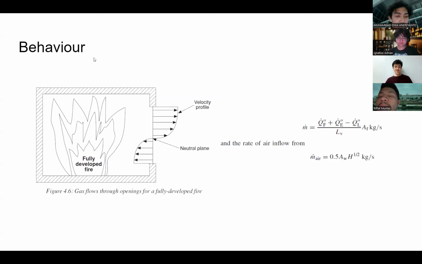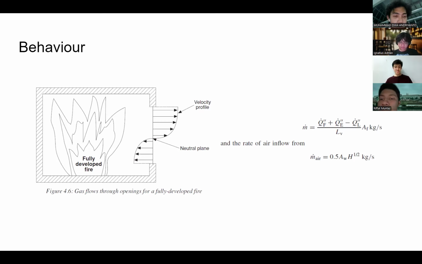As you can see, here is a room that has a fully developed fire. When the room is burning, there's a velocity profile and a neutral plane. Below the neutral plane, oxygen flows into the room.